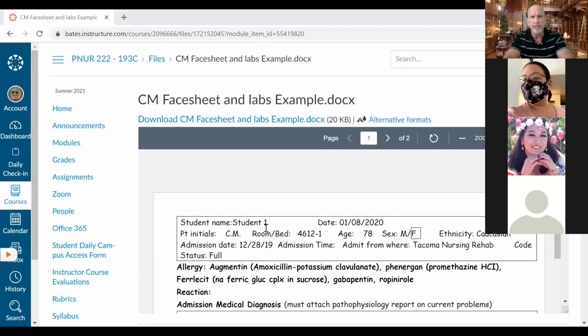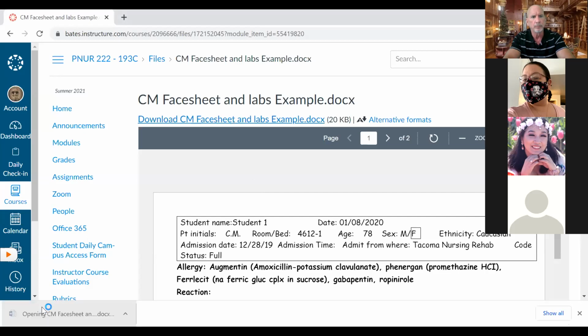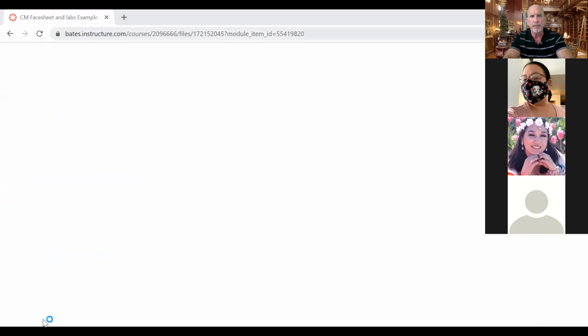I'm going to go back to where we are missing some categories on there. So I'm going to bring this one up again because it doesn't seem like we had the full sheet. Does everybody see that?